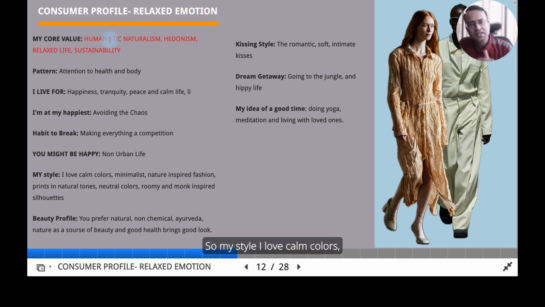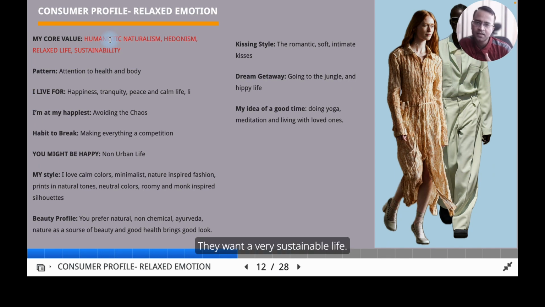So my style: I love calm colors, minimalist, nature-inspired fashion, prints in natural tone, neutral color, roomy and monk-inspired silhouette. The buyers with this kind of personality, this kind of profile, won't go for any bright or glamorous color or look.